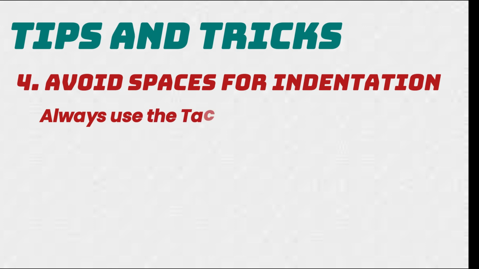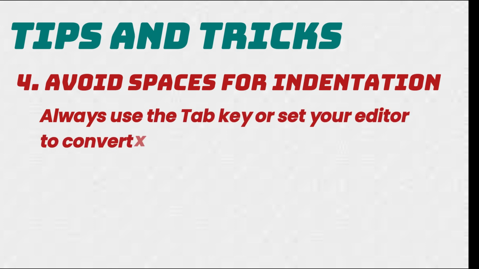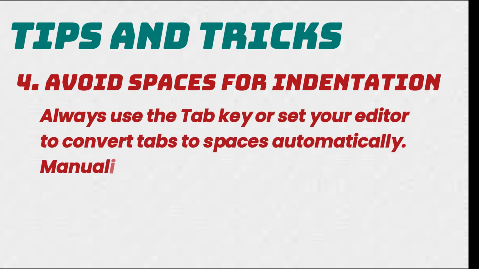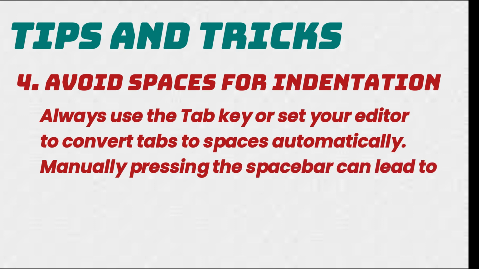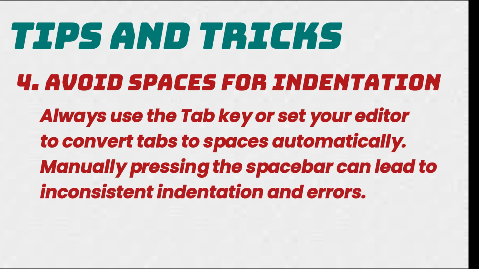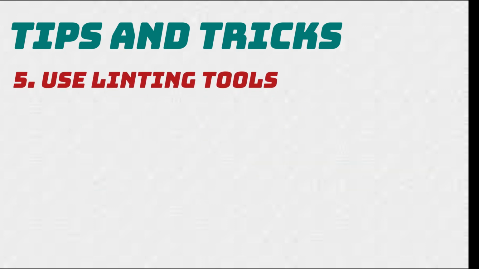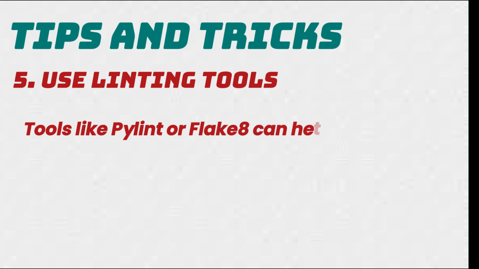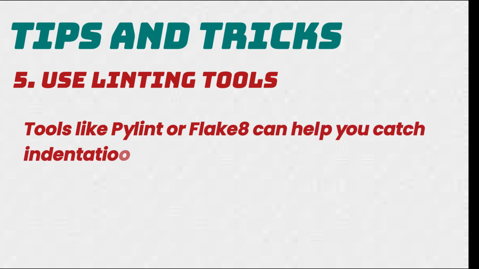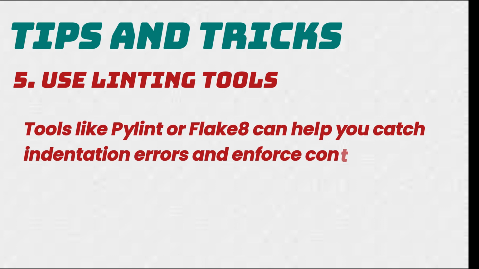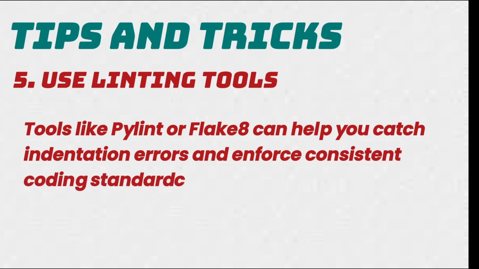Always use the tab key or set your editor to convert tabs to spaces automatically. Manually pressing the spacebar can lead to inconsistent indentation and errors. Use linting tools. Tools like Pylint or Flake8 can help you catch indentation errors and enforce consistent coding standards.